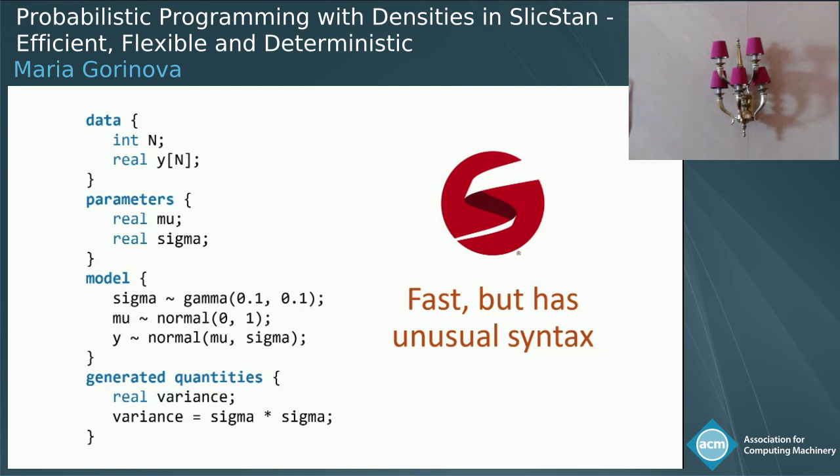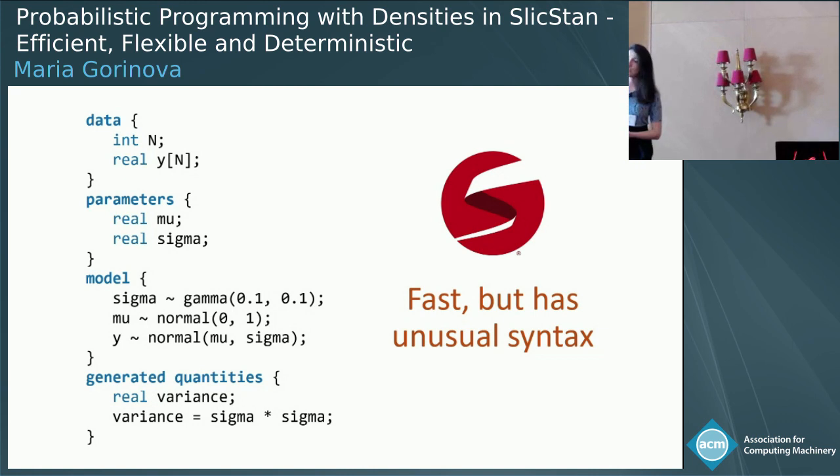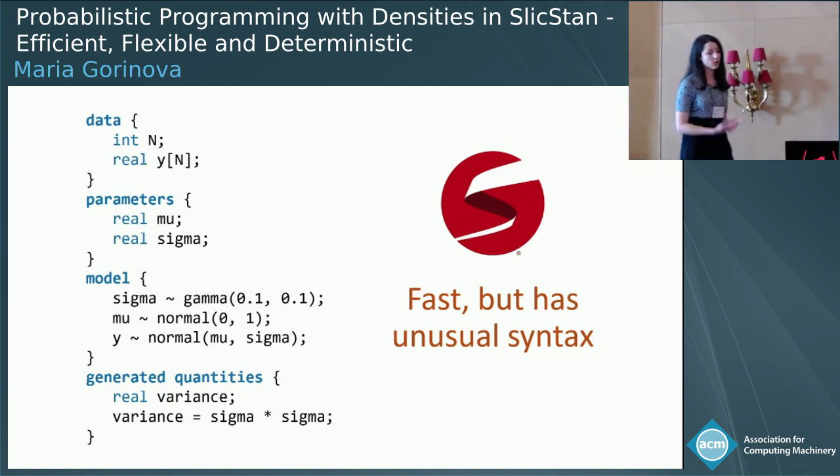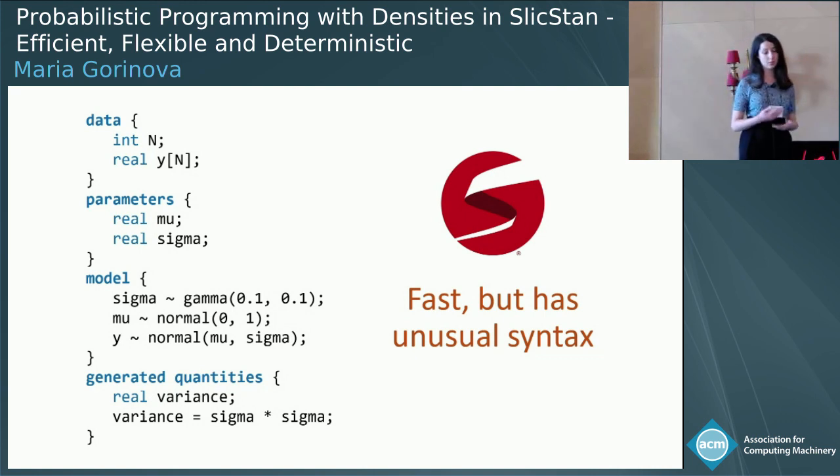But we need to firstly declare what our data is. Then we have to declare what our parameters are. Only then we say how they've been generated in a separate block. And at the end, in this case, we have a post-processing block called generated quantities, where we compute the value for the variance from the standard deviation.